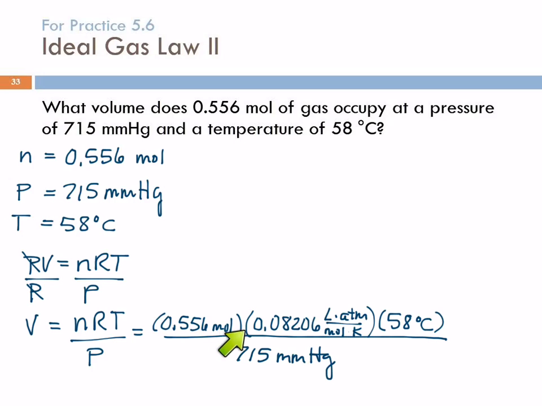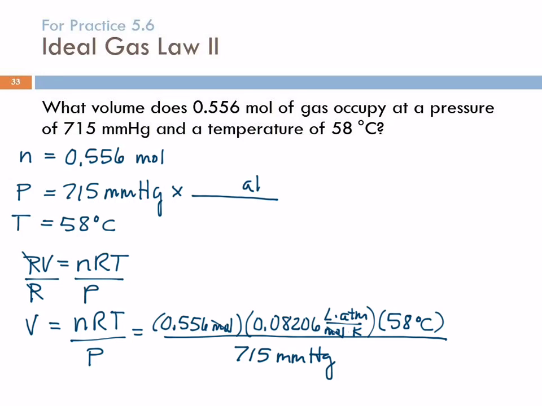Okay, so we got moles and moles. Those will cancel out, great. I've got atmospheres and millimeters of mercury. That's not going to work. The easiest thing to do is to convert this to atmospheres. So this is a conversion you should have memorized.